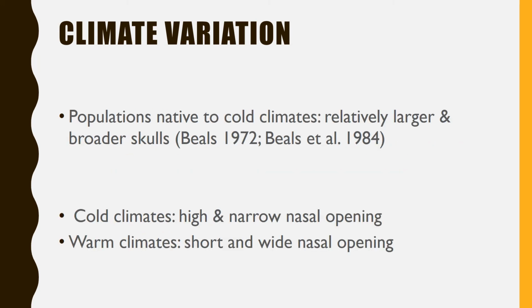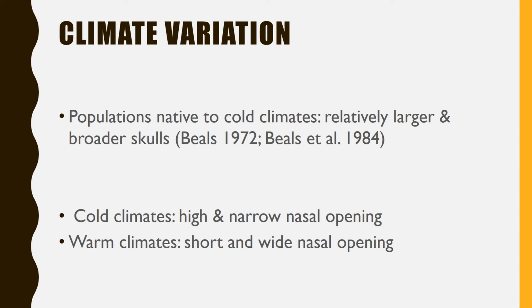There's also been research that shows that Bergmann-Allen rules can be applied to the size and shape of the human head. Research by Beals from the 1970s showed that variation in overall head measurements is correlated with latitudes, so that populations that are native to cold climates portray a relatively broader and larger skull compared to populations native to warm climates.